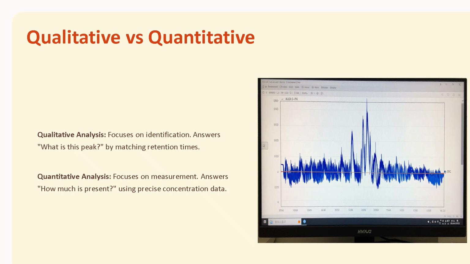Quantitative analysis, on the other hand, focuses on measurement. It answers the question, how much is present? Here, we calculate concentration using reference standards. Understanding this difference is essential, because the purpose of analysis determines the standard selection.